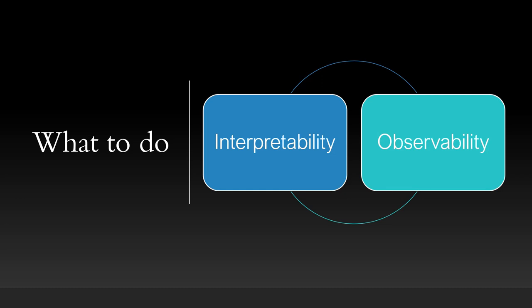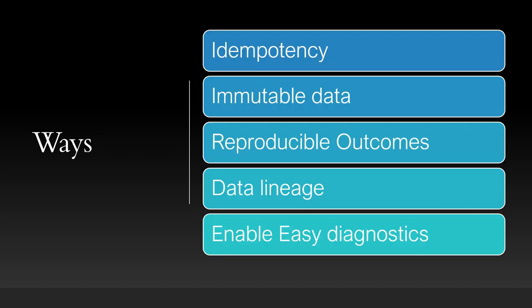And what can we do to ensure that both of these properties are well handled when we are designing the data pipeline? What are the ways? So there are a couple of things that we have to keep in mind, like idempotency, immutable data, and reproducible outcomes.